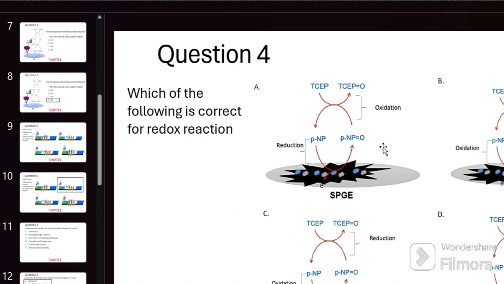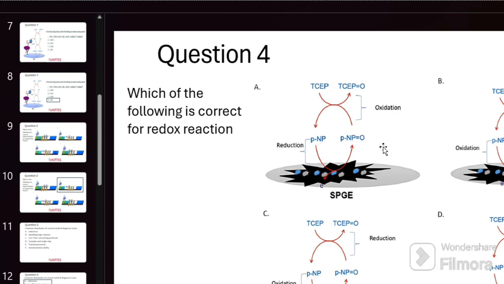Then you have to identify which is the correct redox reaction. All the options look the same, but from the basic fundamentals, there has to be a release of electrons at the electrode. Why we are having an electrode is to detect the electrons that are being released.